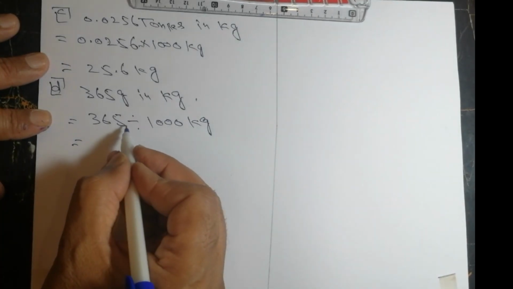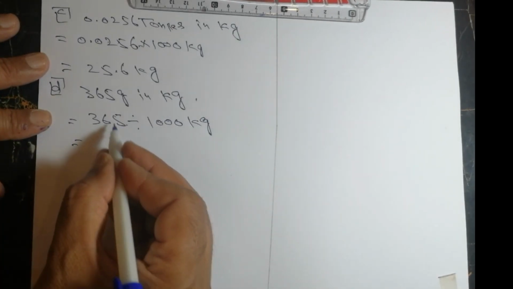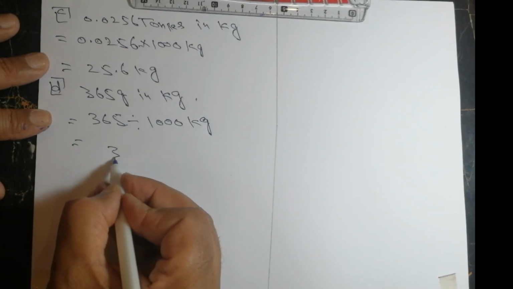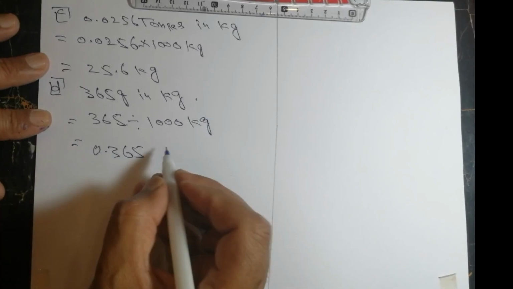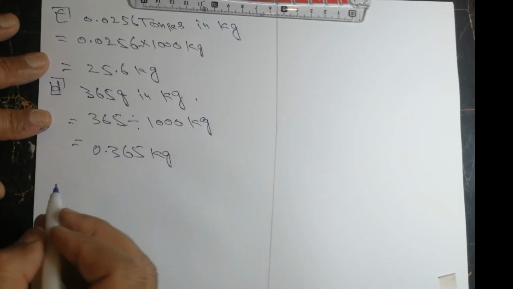The decimal is by default here, so it will shift to there. 365, the decimal is here, so we can put a 0 here, so this is kg, kilograms.